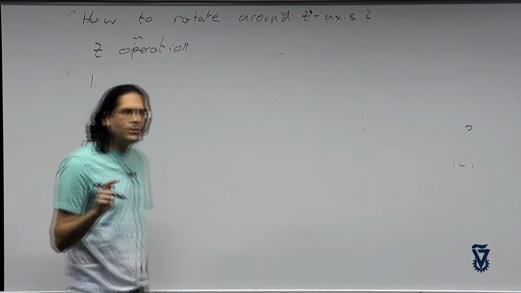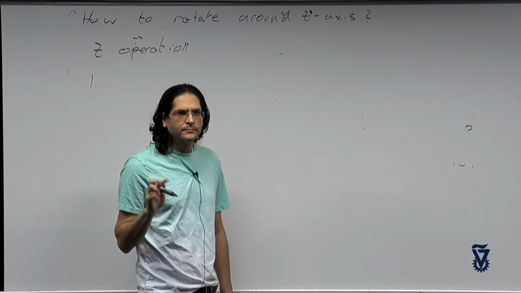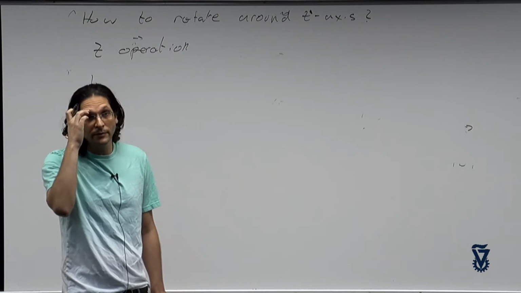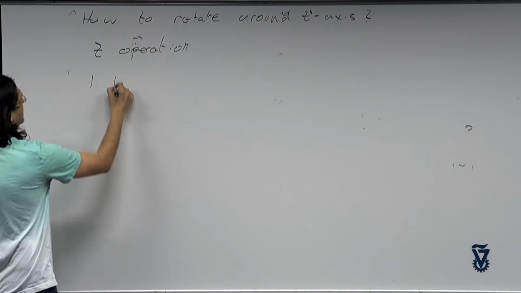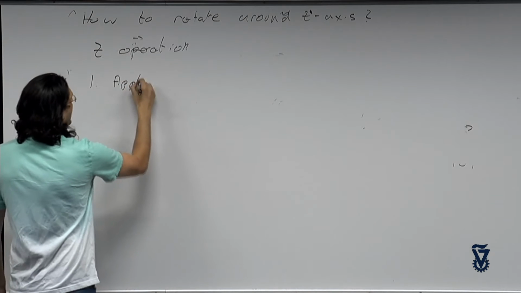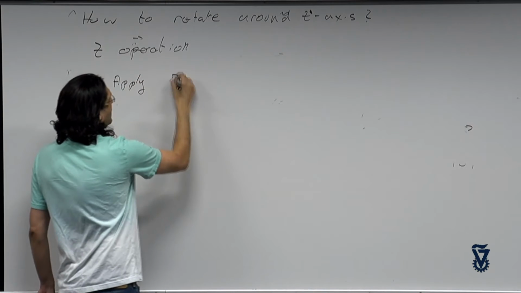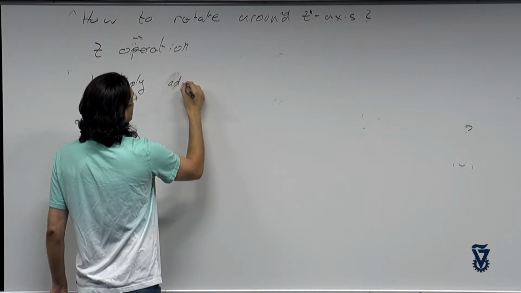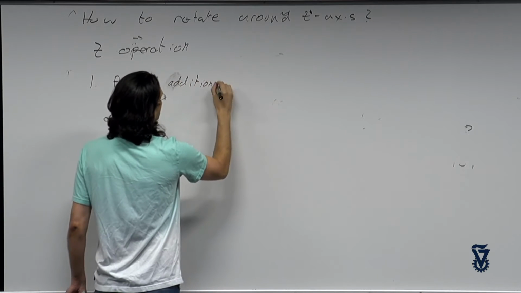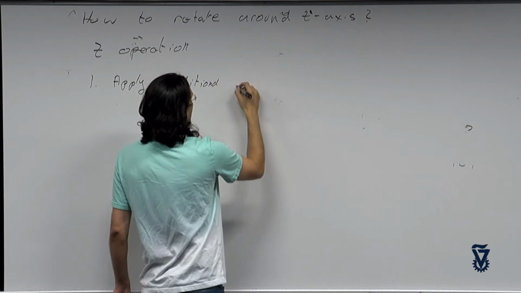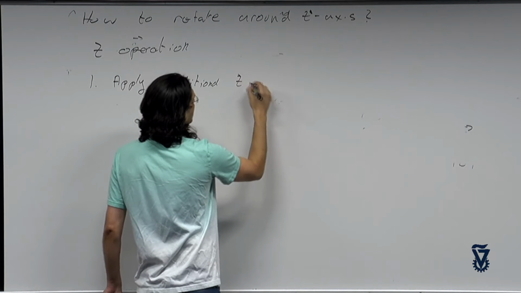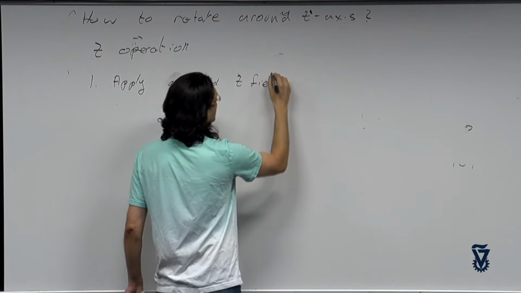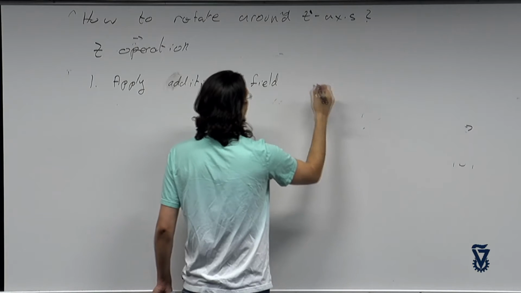Anyone has any other ideas? There are two more ways to do it. One way, you can apply additional z field, magnetic field in the z direction for a while.